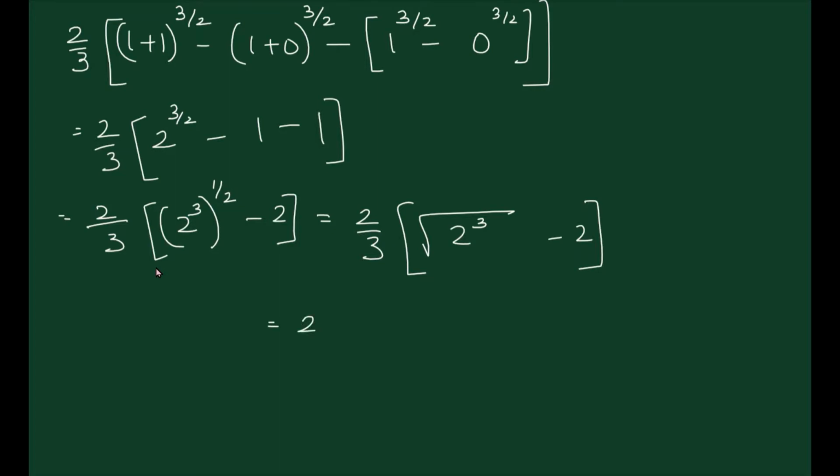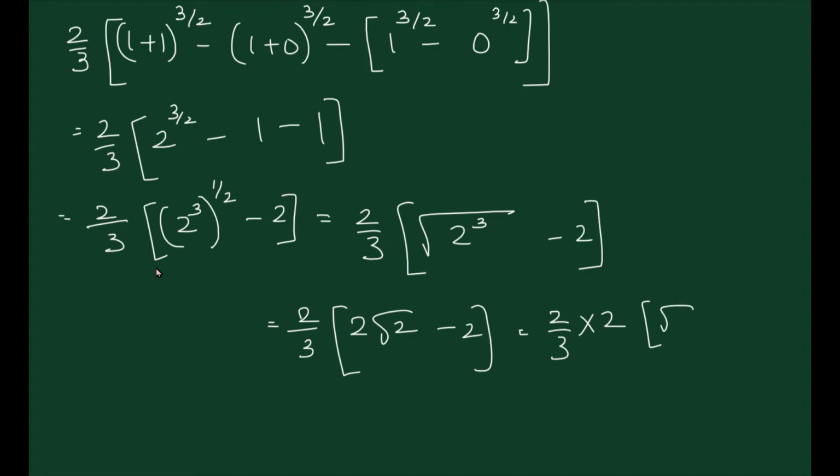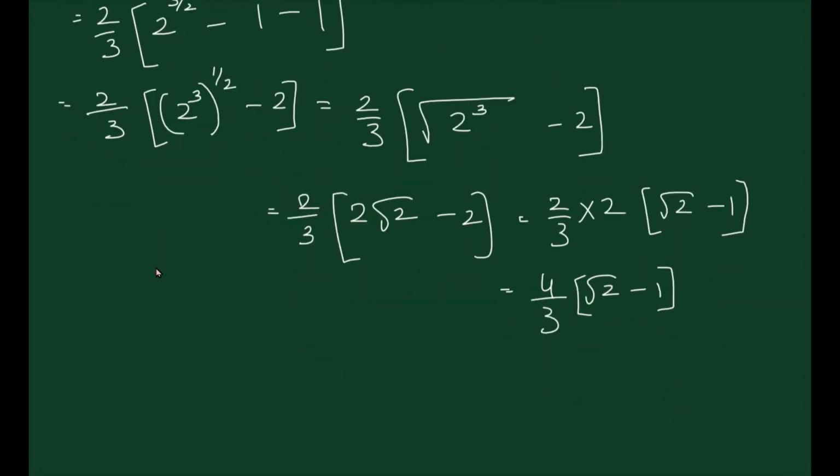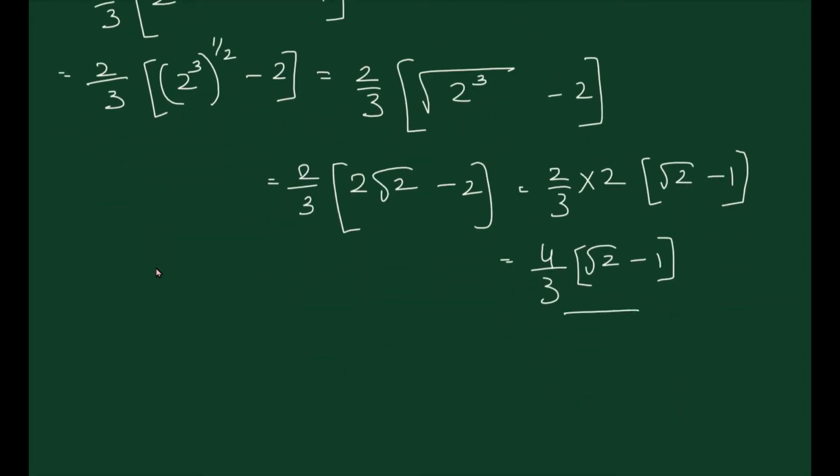Now root of 2 cube is actually 2 root 2, because 2 into 2 into 2 has a pair of 2s, so one 2 comes out of the root. So we get 2 root 2 minus 2. Here we take 2 common: 2 upon 3 into 2 in the bracket, root 2 minus 1. Thus we get 4 upon 3 times (root 2 minus 1) as the final answer.